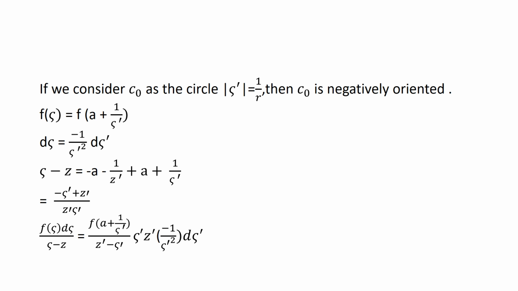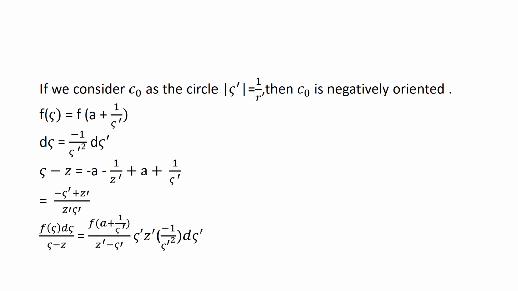A gets cancelled, and by taking LCM we'll get z dash minus zeta dash divided by z dash into zeta dash.